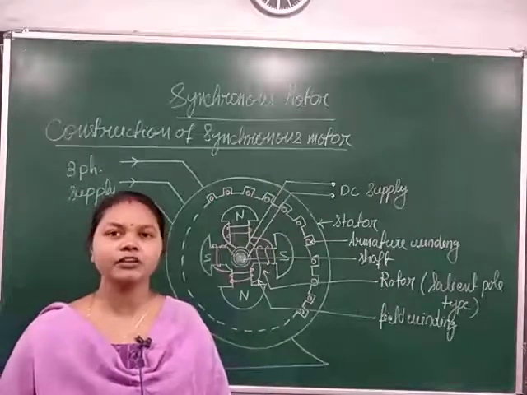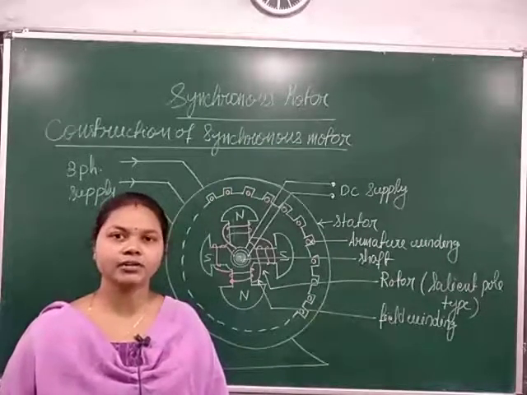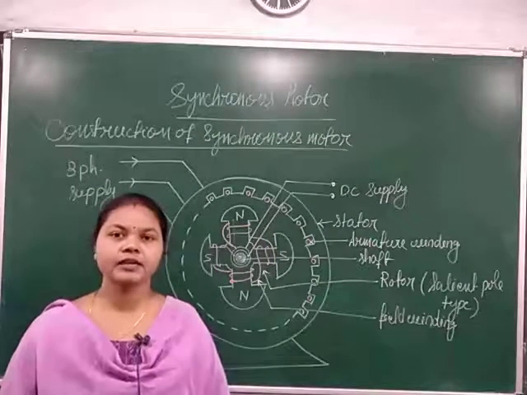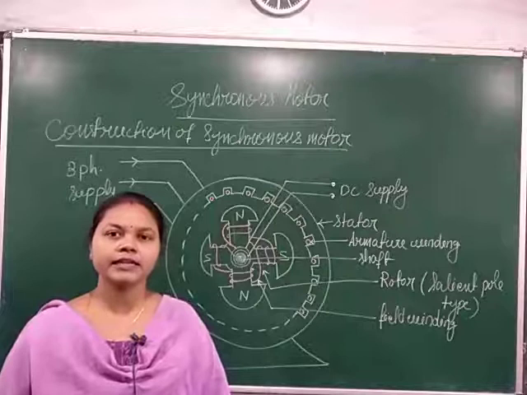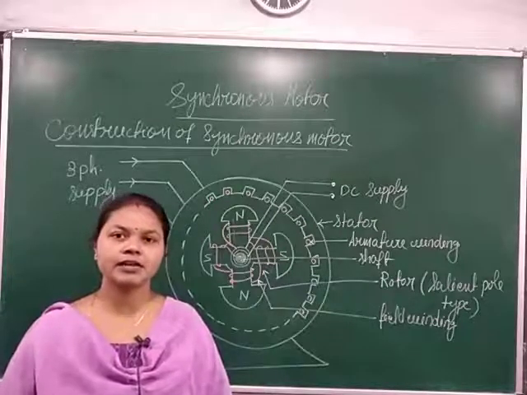Either we use the armature as the rotating part or the field as the rotating part. But in the case of a synchronous machine, the alternating quantity is given to the stator, that is the armature winding.